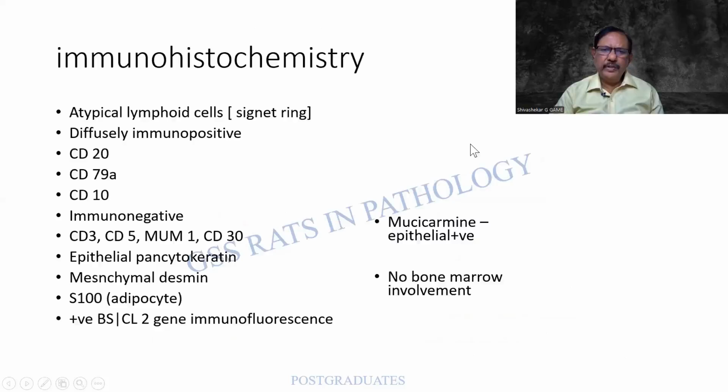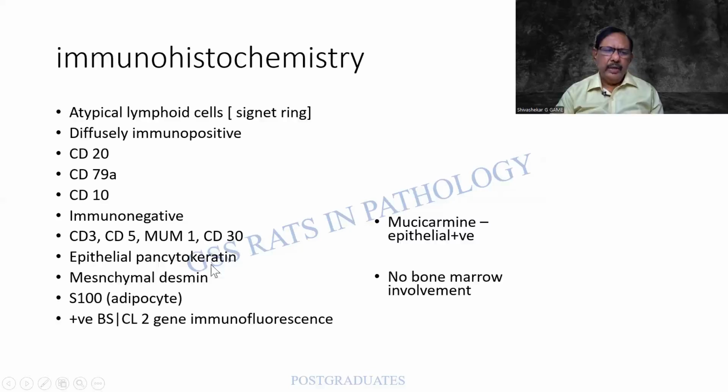Thanks to this reference. And the laboratory diagnosis can be identifying the atypical lymphoid cells, in our case, which are diffusely immunopositive for CD20, CD79a, CD10, etc., and negative for CD3, CD5, CD30, and MUM1.